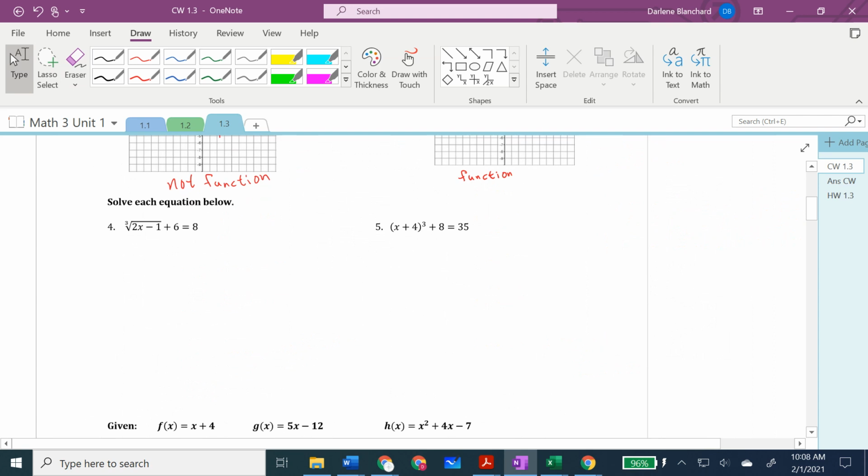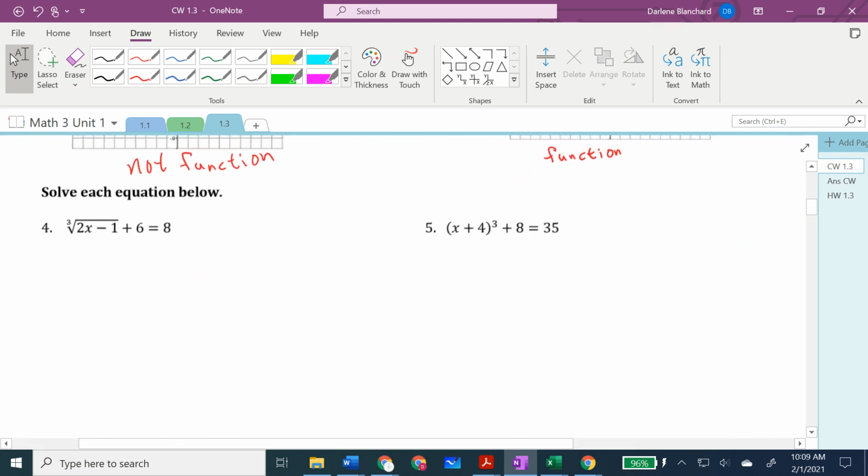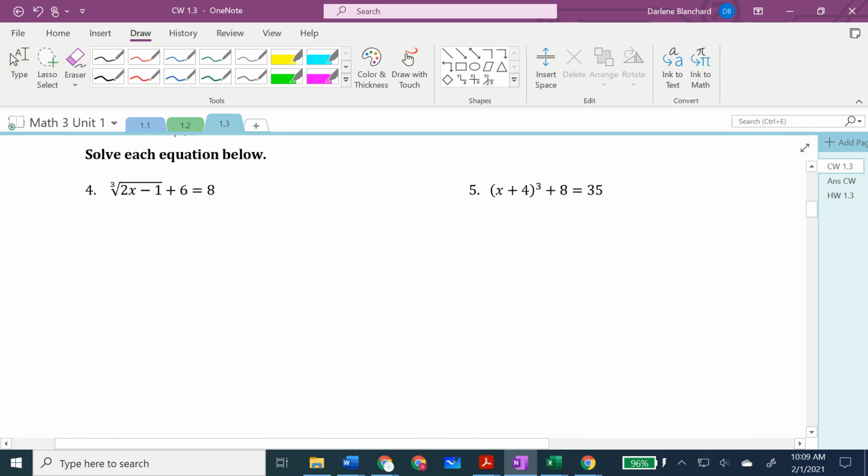Now, with solving the equations, I'm going to go through this quickly due to time. And stay with me as much as you can because I need to slow down on the problems that come after this. When you're solving equations, you're looking for the weakest PEMDAS operation.